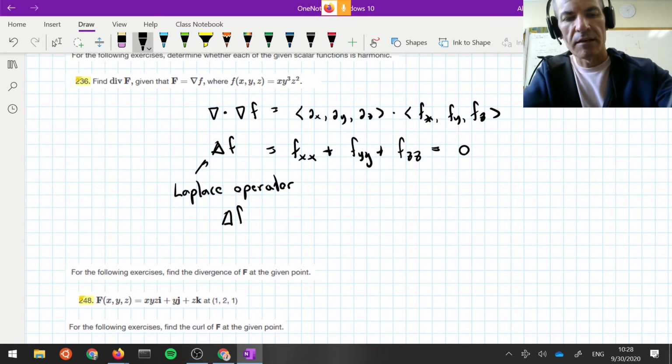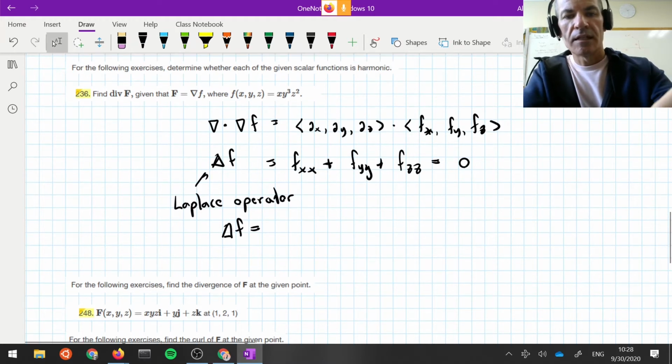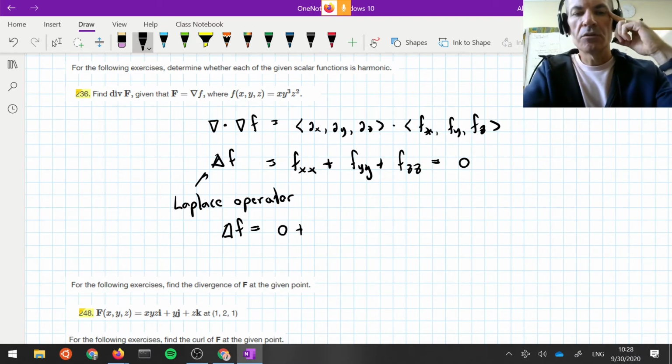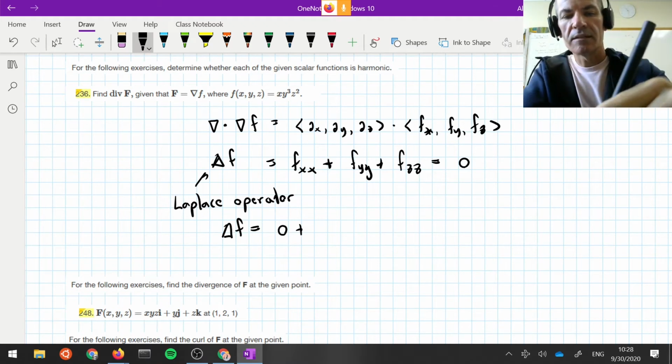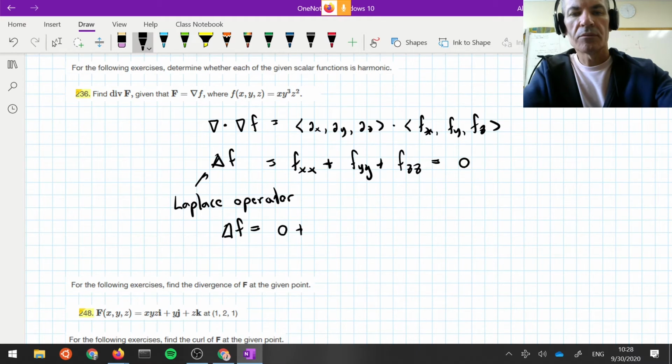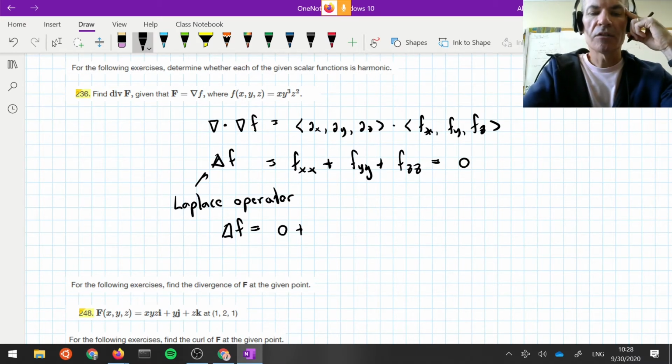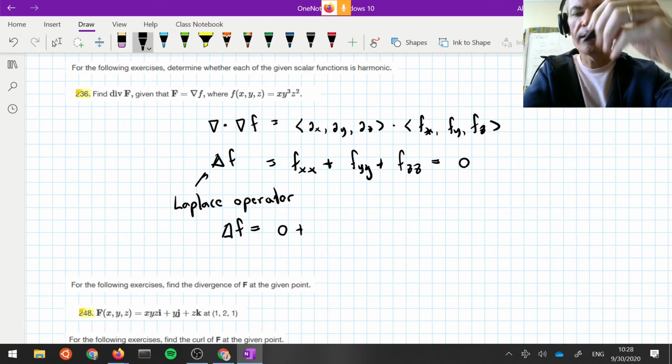The Laplacian of f: take two derivatives in x. Well, we do the first derivative and we get x cubed z squared, so that gives me 0. Let's do two derivatives in y. The first derivative is 3xy squared z squared, and then the second derivative is going to be 6xyz squared.